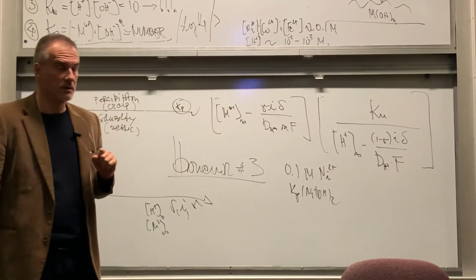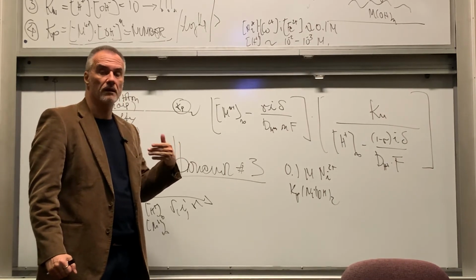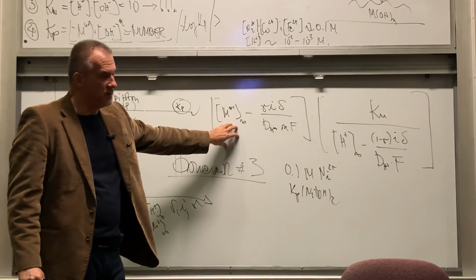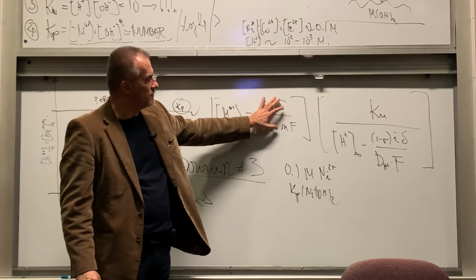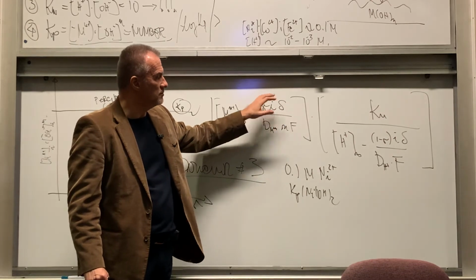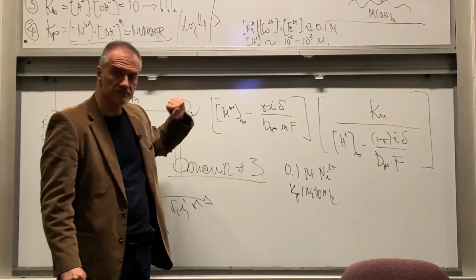But when it comes to precipitation of hydroxide, if this is really big, there will be an effect of depletion, but to a smaller extent because this is much bigger.